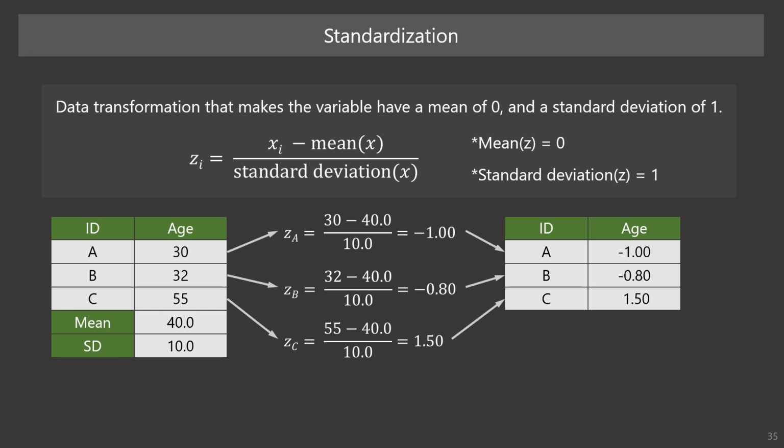Then, we can use the standardized scores for computing the Euclidean distances. As noted in the definition, if all observations are included, the average of standardized value is 0, and the standard deviation is 1.